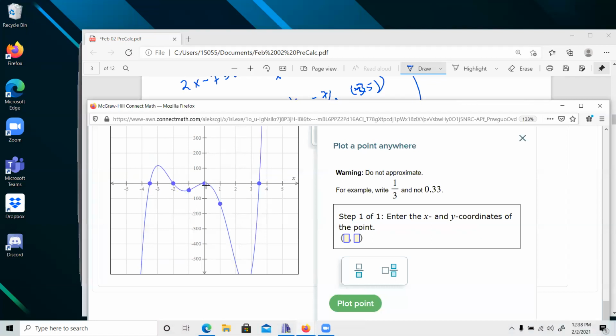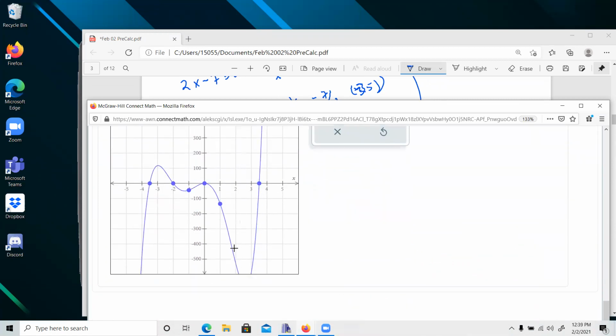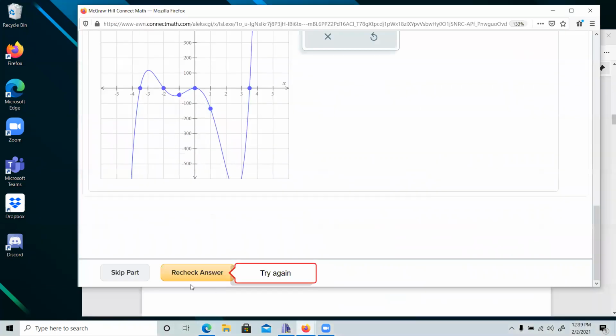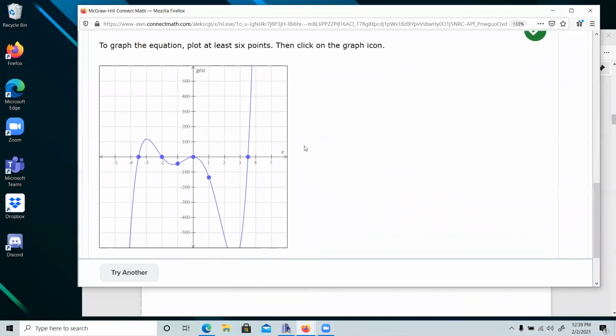We have a bounce, right? We see a bounce here, and everything else looks good. So it goes through, bounces, goes through. Oops, don't plot the point. Get rid of you. And we check answer. All right, there we go.